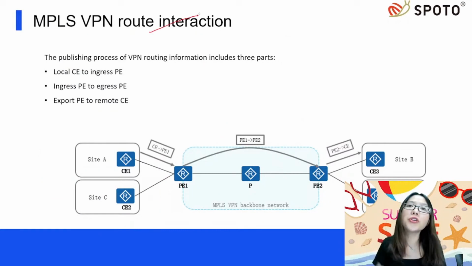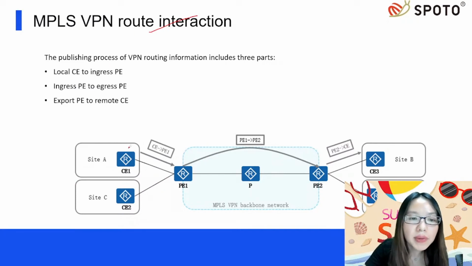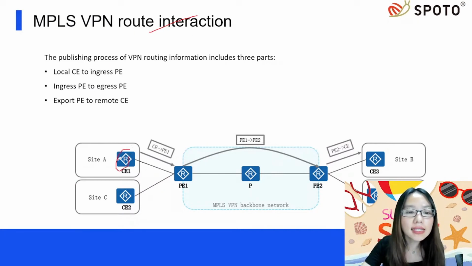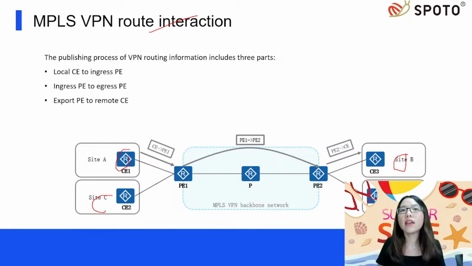To realize the communication between different sites, this is site A, site B, site C, and this is site D. In order to realize the communication between different sites of the same VPN, it is first necessary to complete routing interaction between different sites.